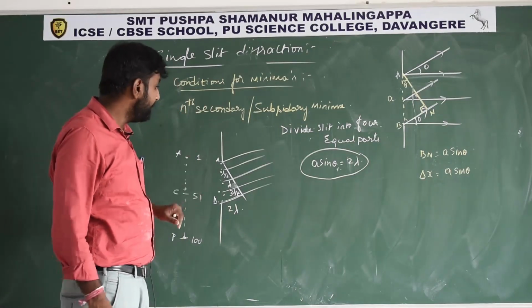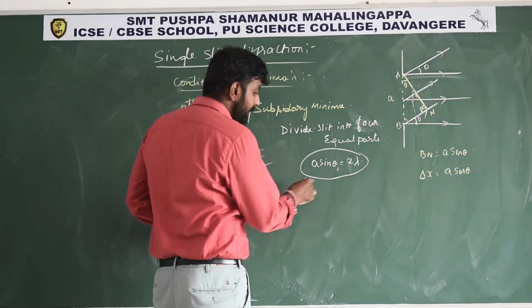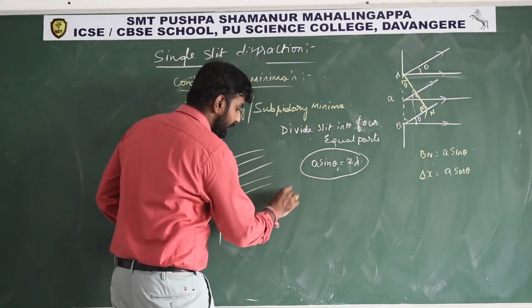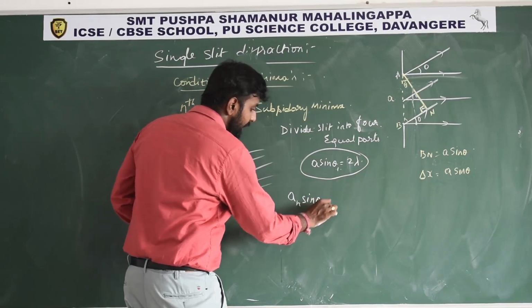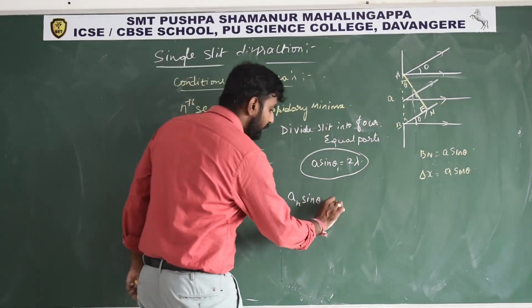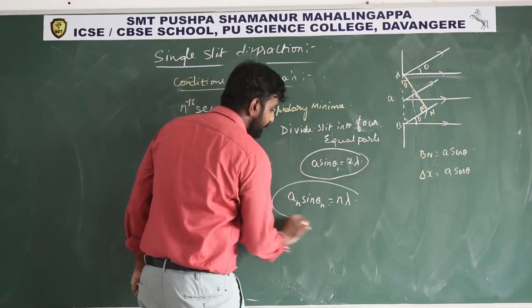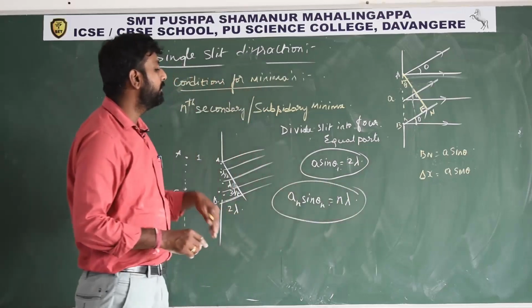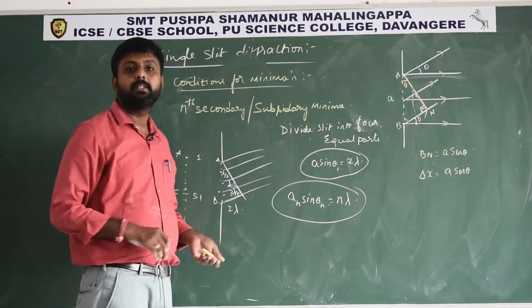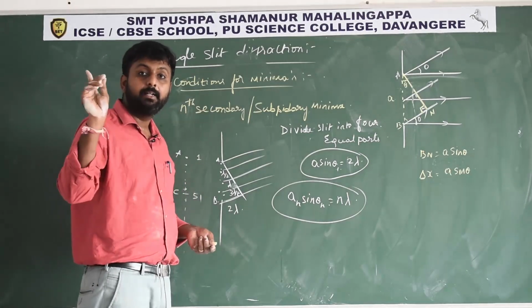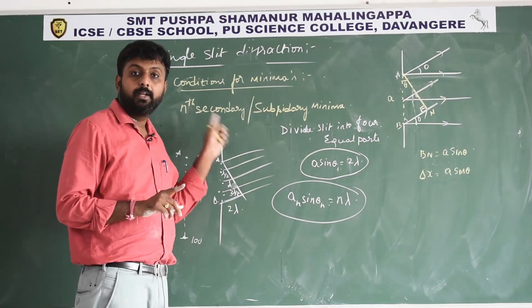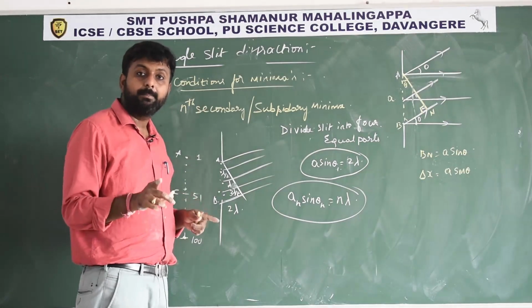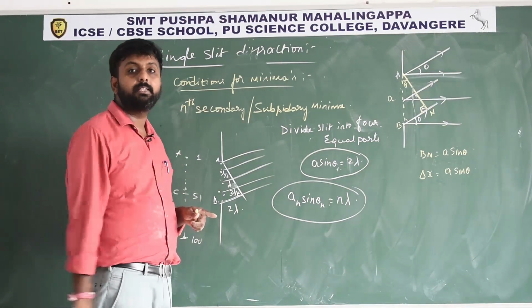For the nth secondary minima you have to consider the equation a sin theta n, and this should be equal to n lambda. This we are discussing for dark fringes, minima, in diffraction. N lambda is for bright fringe in interference. In diffraction, n lambda is for dark fringe.